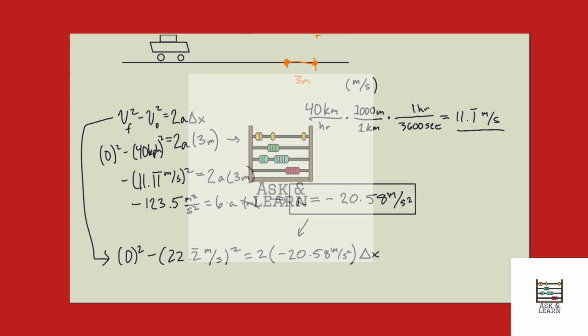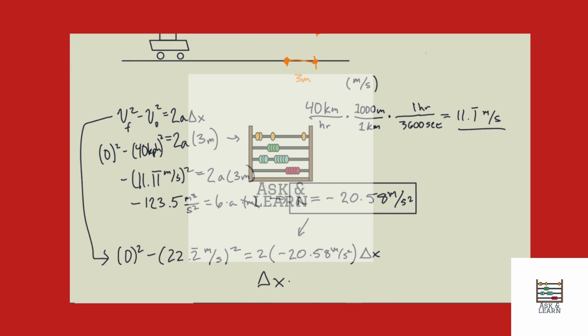It's going to be negative, but the negative will cancel on either side of the equation. So we can divide by 2 and then divide by 20.58. That gets me a value delta x equals 12 meters.